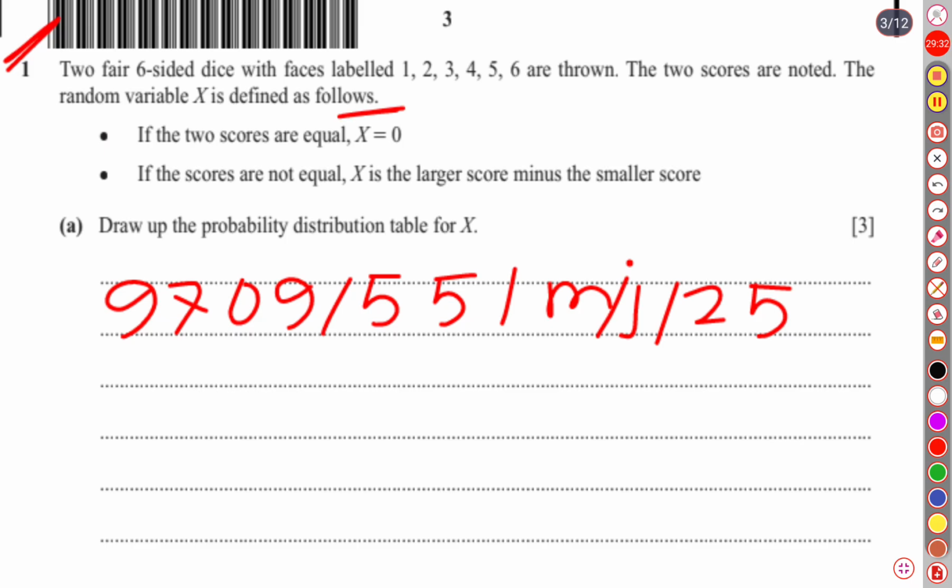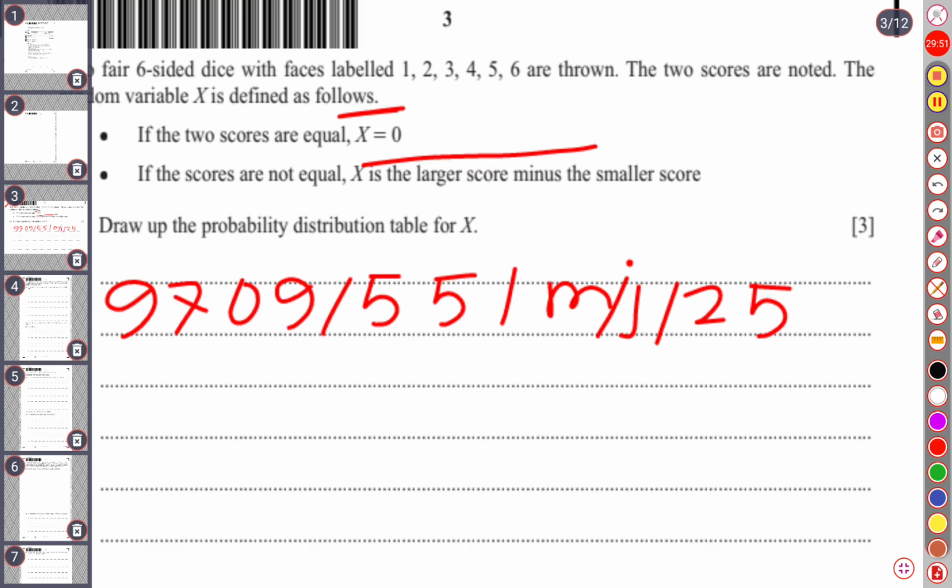If the two scores are not equal, x is the larger score minus the smaller score. That means it's the difference between the two scores. Draw up the probability distribution table for x, which has been solved under the topic probability distribution table. Let's see question number B.